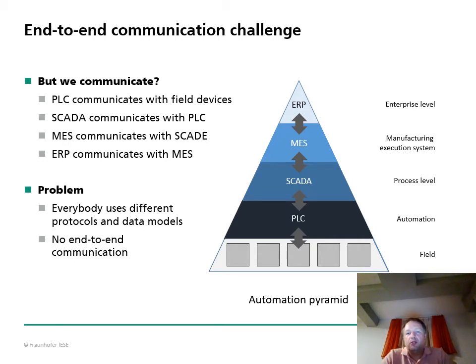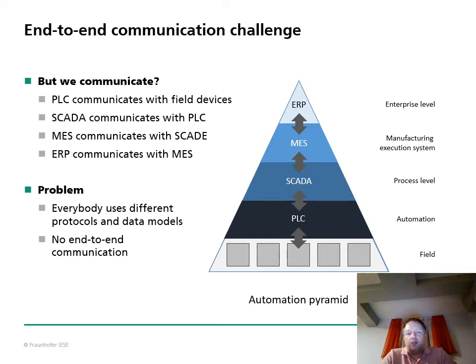Older machines have their own proprietary variants. And in addition, there are lots of specialized protocols. So for example, in our demo setup, we have a reflective memory system, which enables latencies in the magnitude of 5 microseconds, which is much faster than Ethernet networks for small amounts of data, of course.